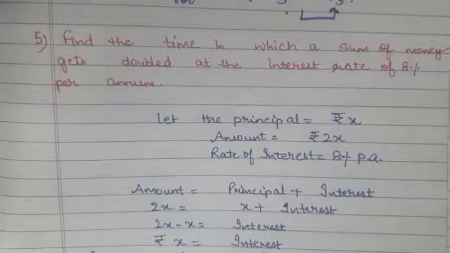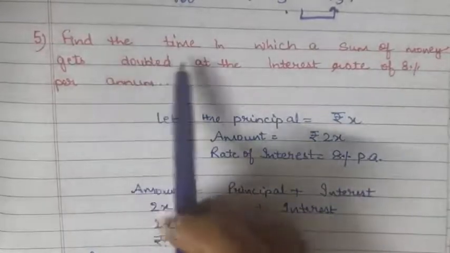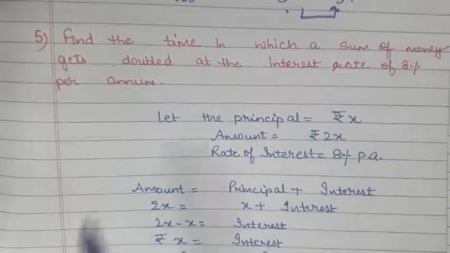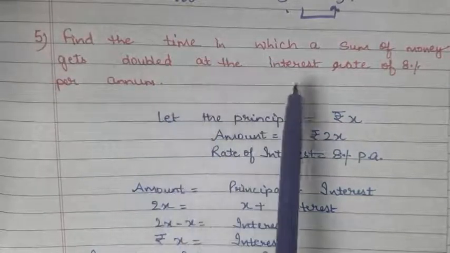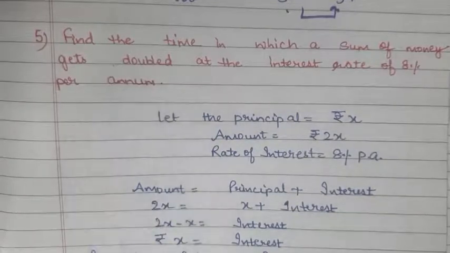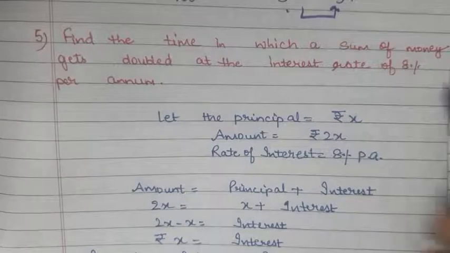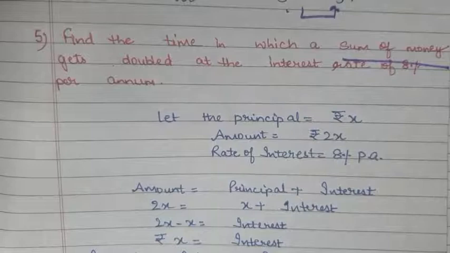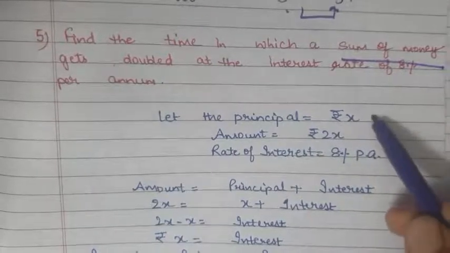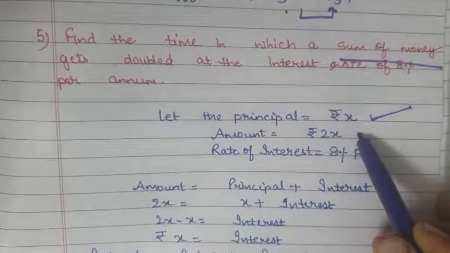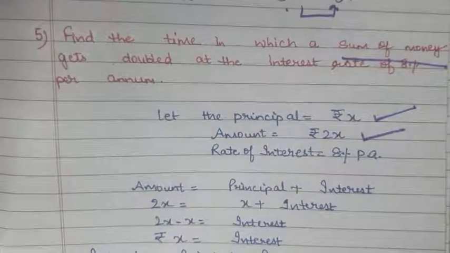The next question is, find the time in which a sum of money gets doubled at the interest rate of 8% per annum. Now in the question they are saying that sum of money is getting double. Double means if we are taking it x, so after doubling we get 2x.